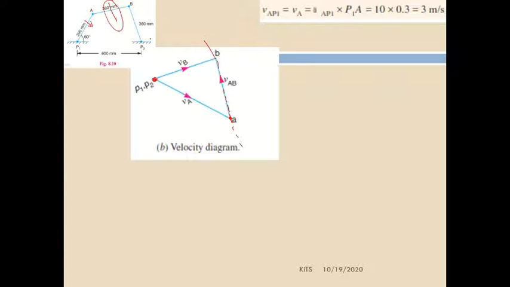After drawing it, I have to draw a perpendicular line for P2B from P2. I have the point P2 here. So draw this perpendicular line. Now this line and this line meeting point is point B. So now velocity diagram is over.